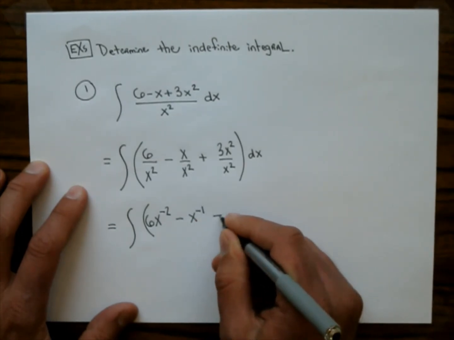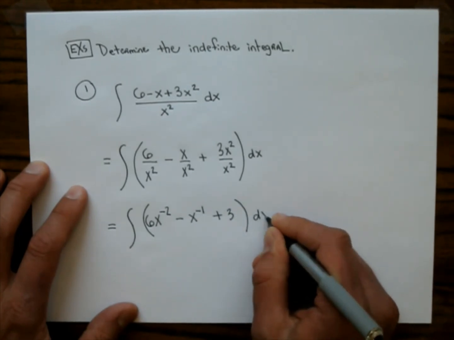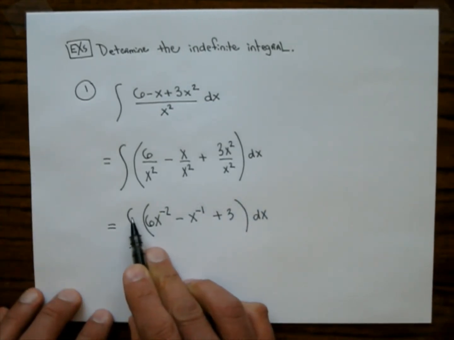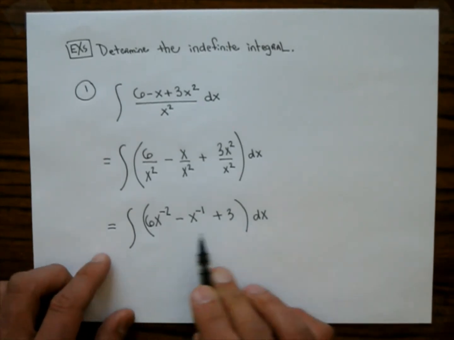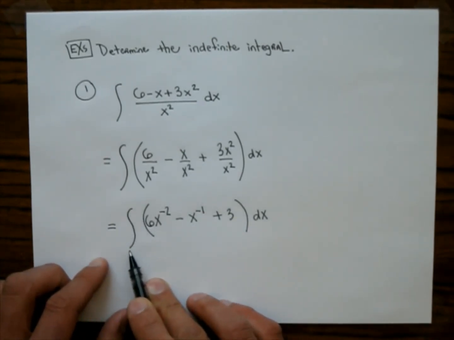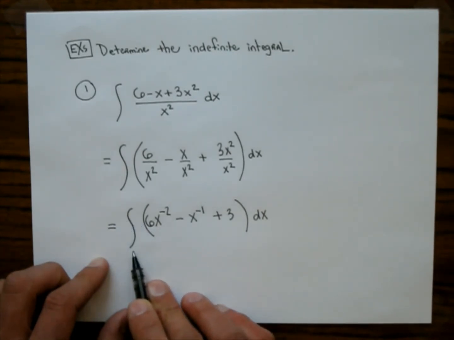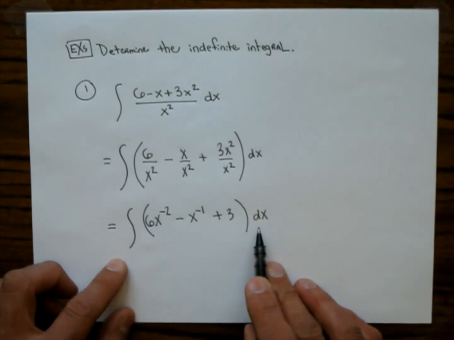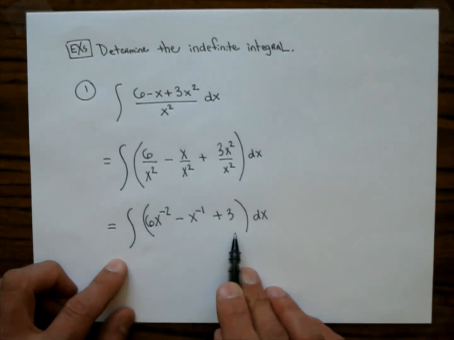And then over here, we're going to get plus 3. Notice I always have to put this stretchy S, and I have to put the little charge, the differential. So in order to use this gun, you see your function that you want to zap with the antiderivative gun. It's more complicated than your derivative gun because you have to somehow maybe get a friend to put the charge on the other side, and then your gun will work.